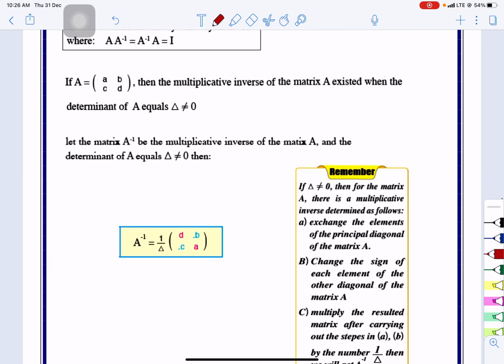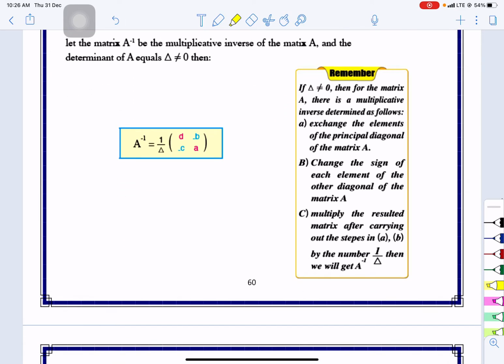To get the multiplicative inverse of the matrix A, at first, change the sign of the elements of the principal diagonal of the matrix A, then change the sign of each element of the other diagonal of the matrix A. Then multiply the resulting matrix by 1 over the determinant to get the matrix A negative 1.